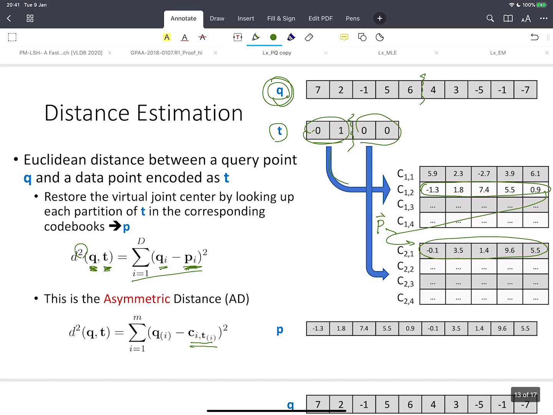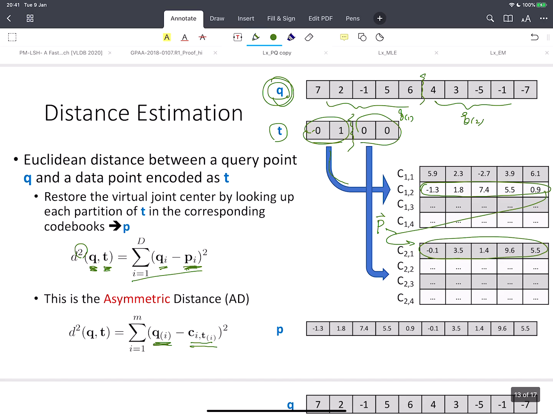To be more exact, if we use Q subscript bracket i to denote the i-th partition, the subvector of Q on the i-th partition, then this is our Q1 and this is our Q2.